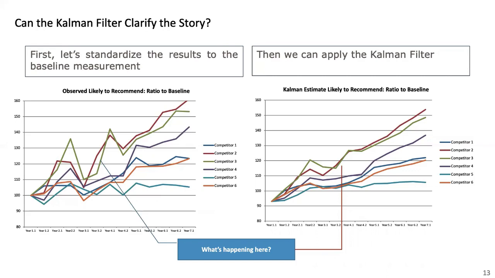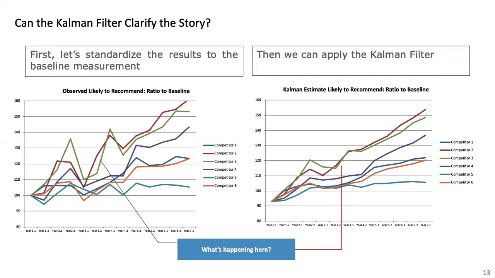And so the trend is much cleaner. In this case, we do see all of the brands are generally shifting up in terms of their recommendation rate. We see much bigger jumps for both competitive brand number 3 and 2 and 3 in year 2.1 and 3.2.